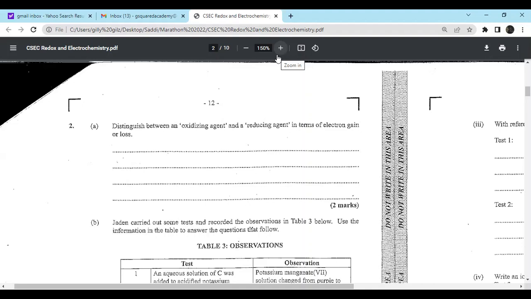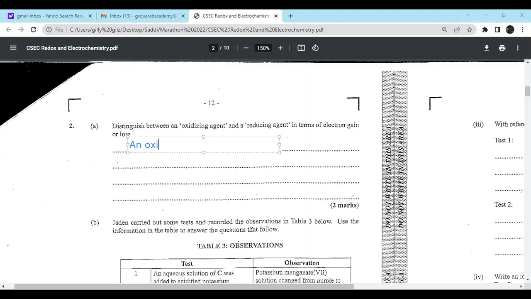So here, when it says distinguish between these two things in terms of that, I'll write it in the form of a text.